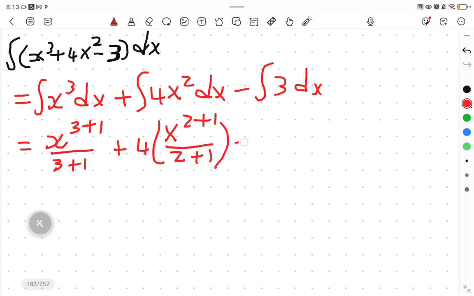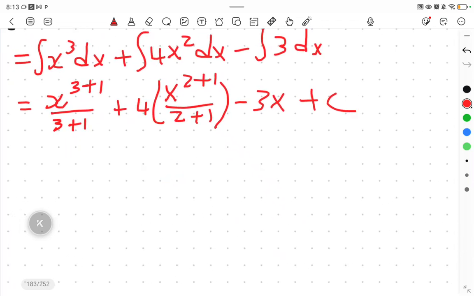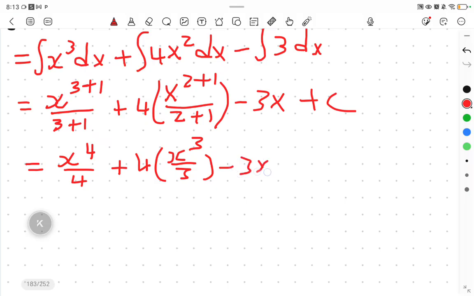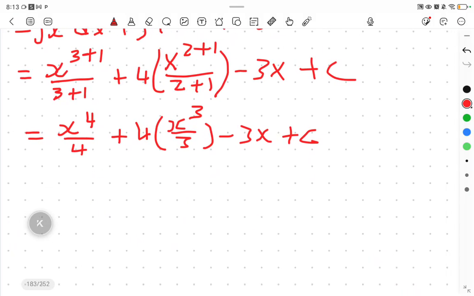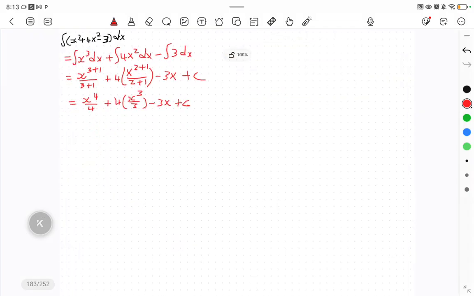Then this is 3x plus c, because this is a constant alone, so you're just gonna multiply by x. So this will be x to the 4 over 4 plus 4x to the 3 over 3, to show that the exponent and denominator are always the same, to show that I'm doing the correct thing. And this will be the final solution for the first one.